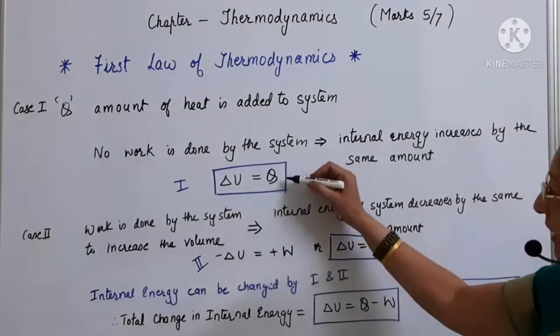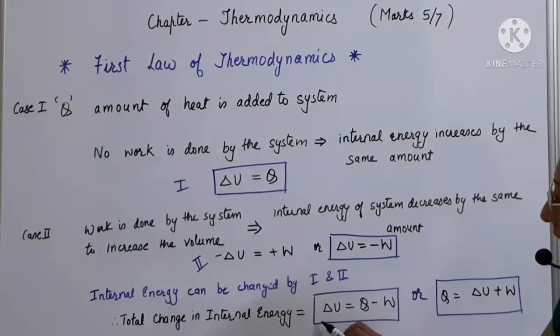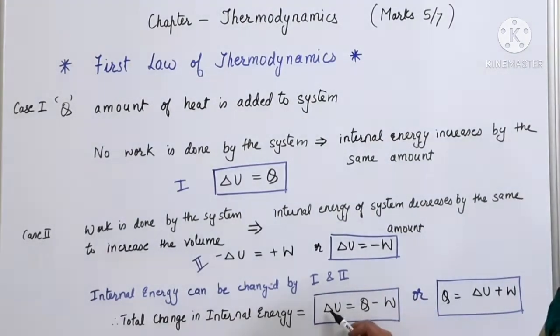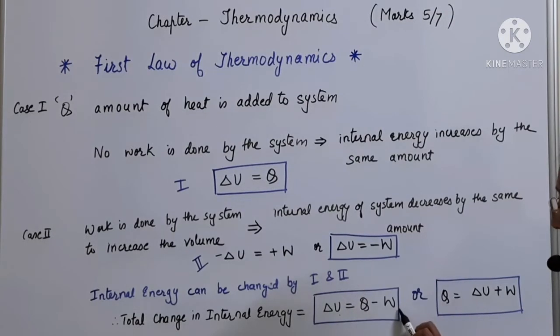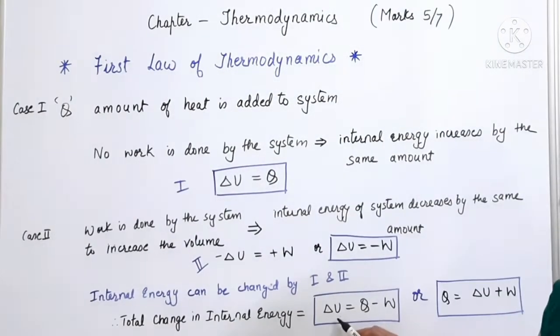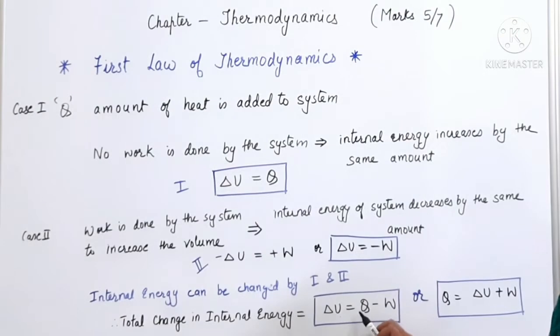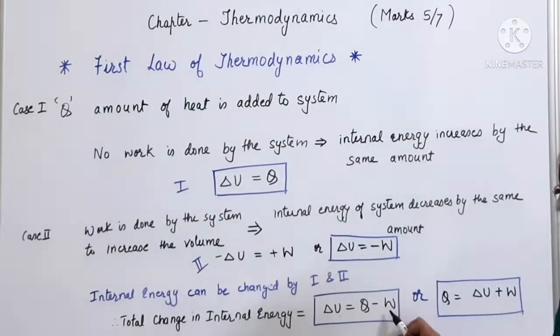So from both these equations, we write this equation that is delta U is equal to Q minus W. So this equation tells us that the change in internal energy of the system is the difference between the heat supplied to the system and work done by the system on the surrounding.